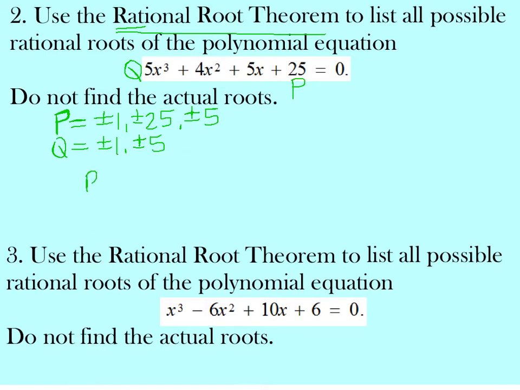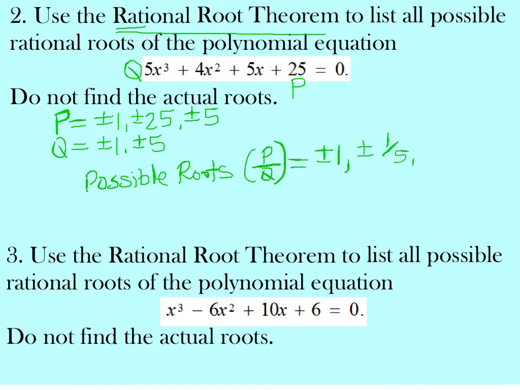So my possible roots are going to be each of my p factors divided by q. So possible roots, to find that, I'm going to say p divided by q. So 1 divided by 1, plus or minus 1. 1 divided by 5, plus or minus 1/5. 25 divided by 1, plus or minus 25. 25 divided by 5, plus or minus 5. 5 divided by 1 is 5, and 5 divided by 5 is 1.